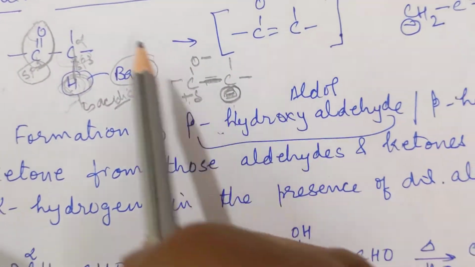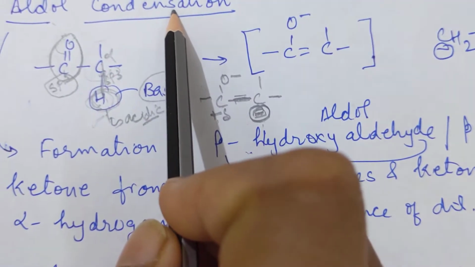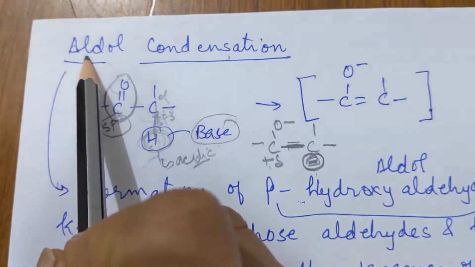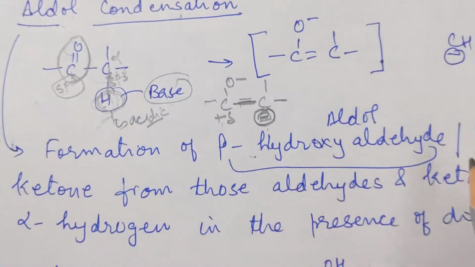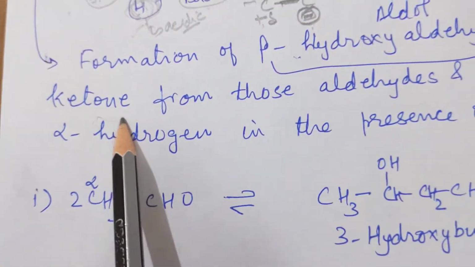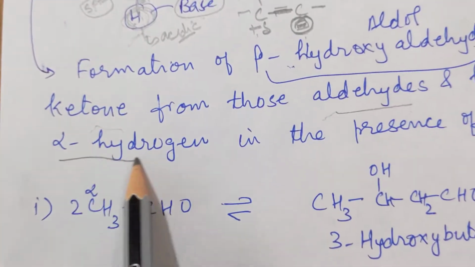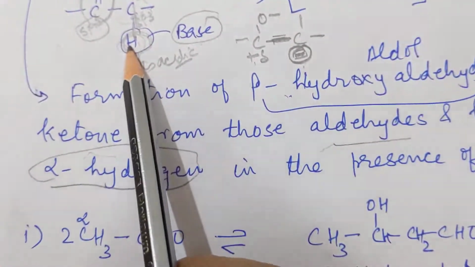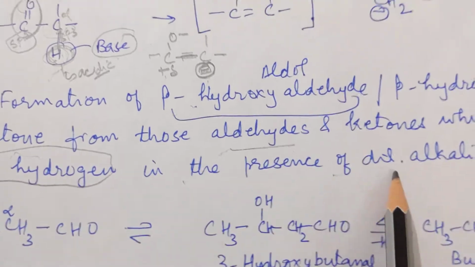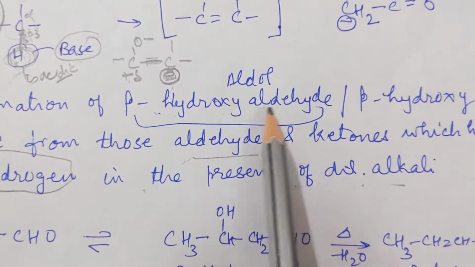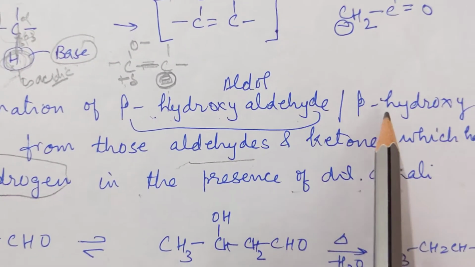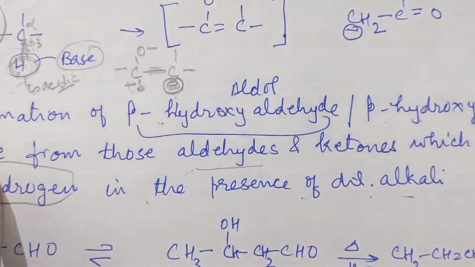So whenever aldol condensation occurs, aldol is the combination of two words, aldehyde and alcohol. So those aldehydes or ketones which have alpha hydrogen, in the presence of dilute alkali form beta hydroxy aldehyde or beta hydroxy ketone.